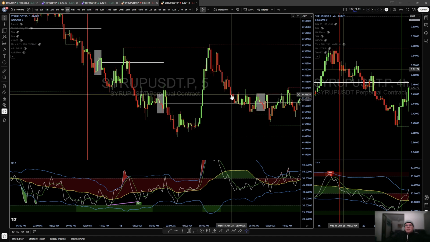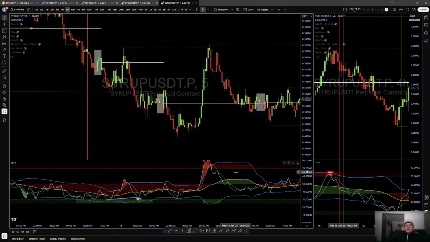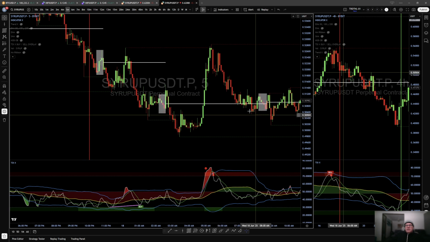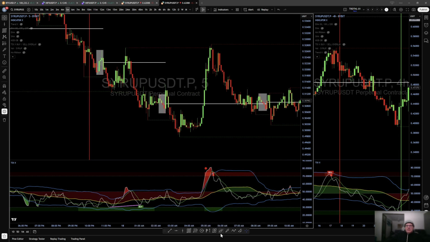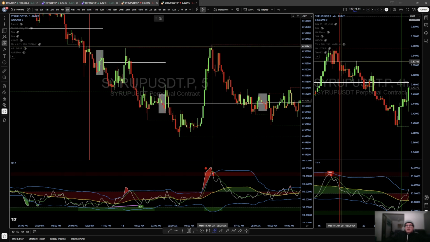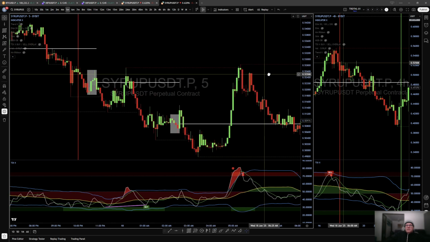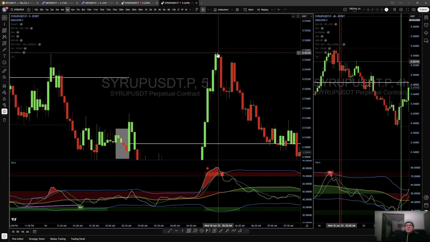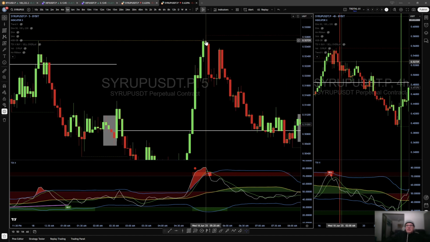This would have been an excellent trade right here because it took liquidity and then it kept going down. So you can measure it, and say right here when it closed, you could have got in, when you saw this wick on this candle, you could have been like, oh, it took liquidity and it's got an inverted hammer candle. That would have been a great entry.